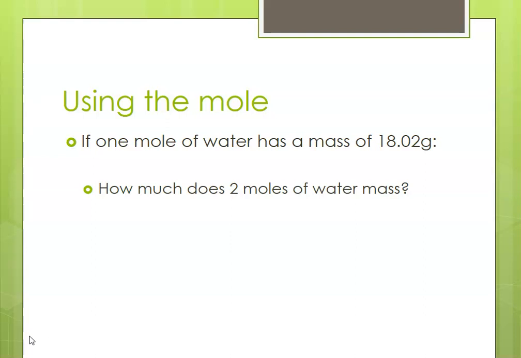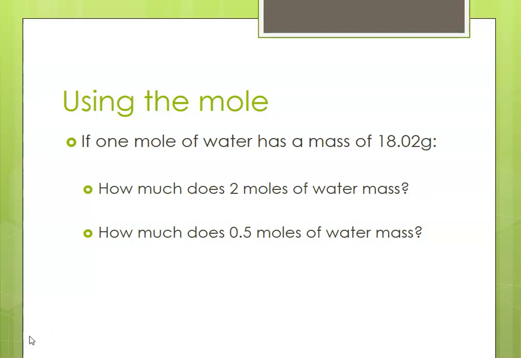Does that make sense? Hopefully that makes sense. If it doesn't, leave me some comments. Similarly, if we want to work out the mass of 0.5 moles of water, well, that's half a mole, so the mass must be half of the mass of 1 mole, which would be 9.01 grams. Okay there so far?